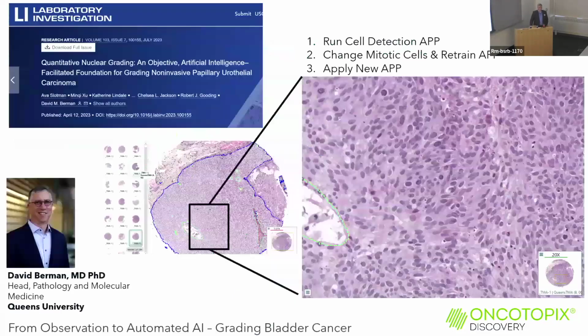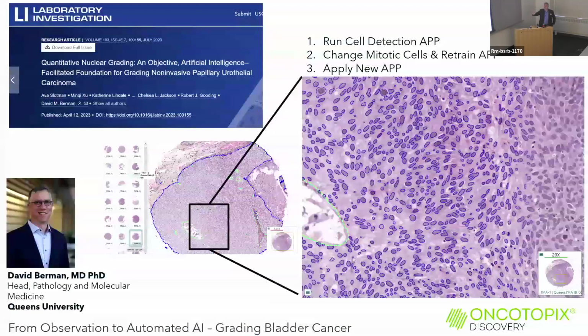Here's an example where we were working with Dr. Berman in Queen's University. I think that's a safe one to mention, right? Up in Canada. Basically, we were able to run an algorithm that was able to identify every cell in an H&E. Some of these cells are mitotic.